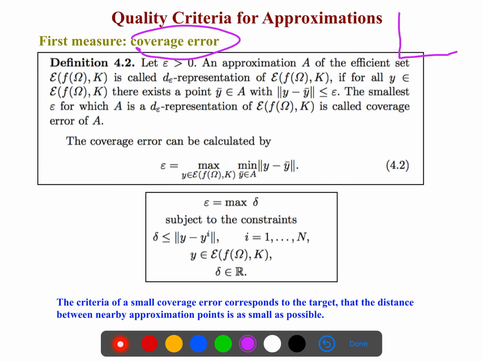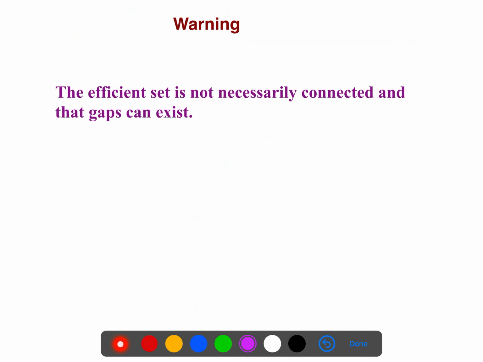And later, I will talk about two more quality criteria as well. The coverage error is the smallest epsilon for which this holds. We want to reduce the coverage error.